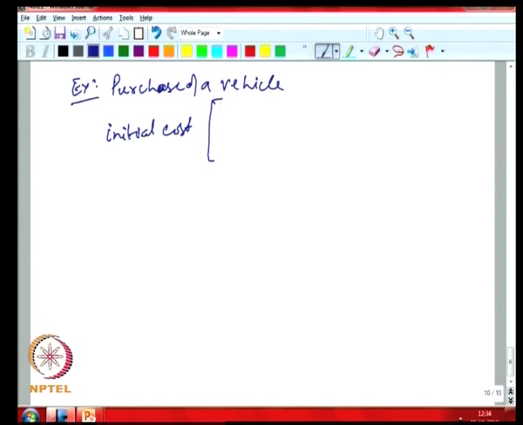So, the cost of the vehicle in the showroom might have the manufacturing costs, the margins that the manufacturer wants for producing the equipment. It might have some tax element that you have to add. You might have some initial costs associated with registration of the vehicle, getting license, etc.